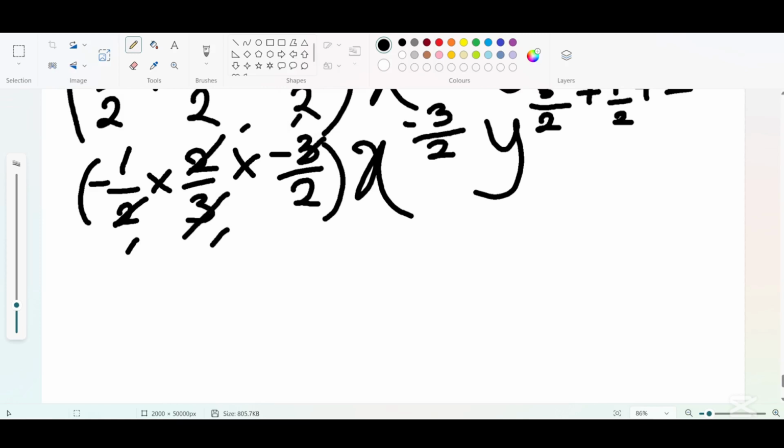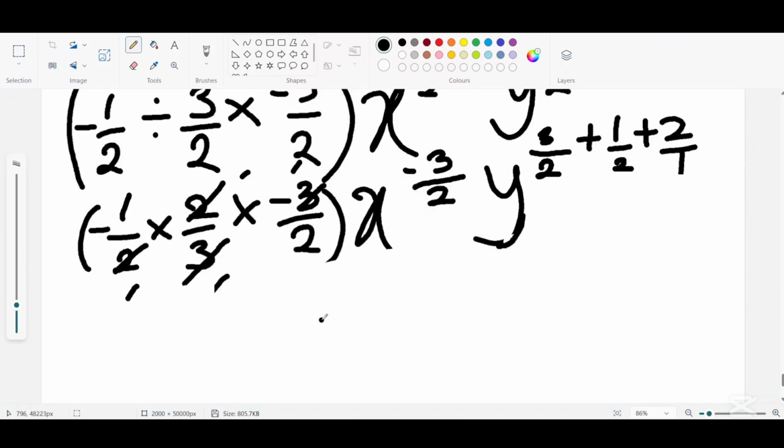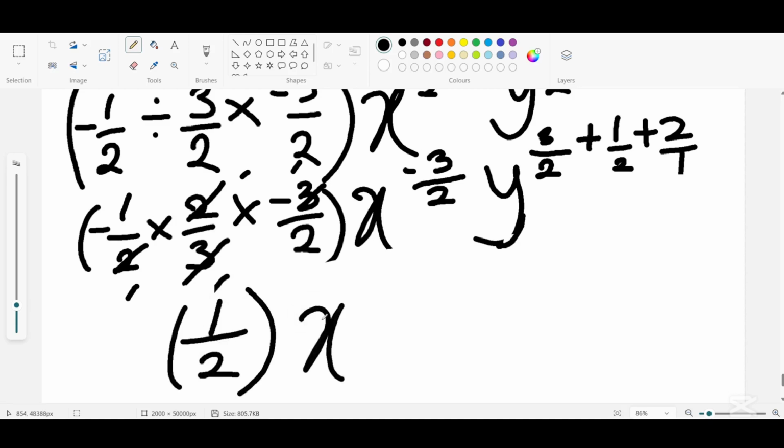Minus times minus is plus. So what are we left with? We are left with 1 1 1 at the top, then 1 1 2 at the bottom. Okay, so this is now going to be 1 all over 2, then x raised to power minus 3 all over 2. Then this is going to be y.